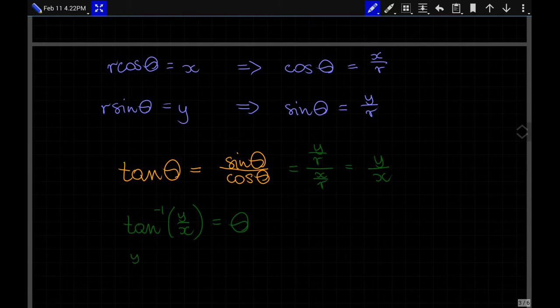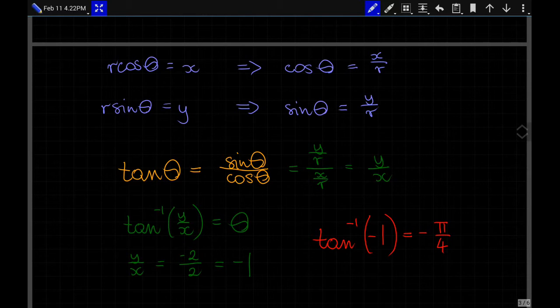Now, y over x in our example is, y was 2, x is -2, which is just -1. So if you take the calculator and look at that, then you get the result of tangent to the -1 of -1 is -pi/4.